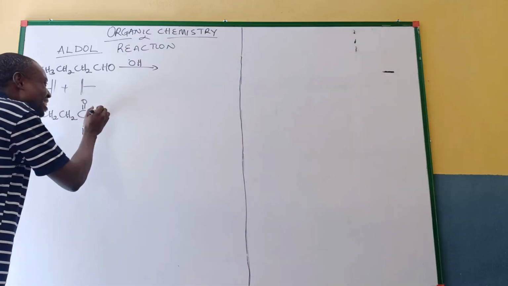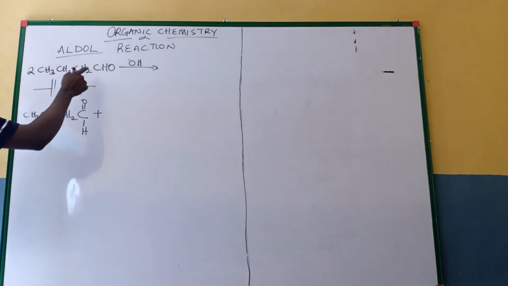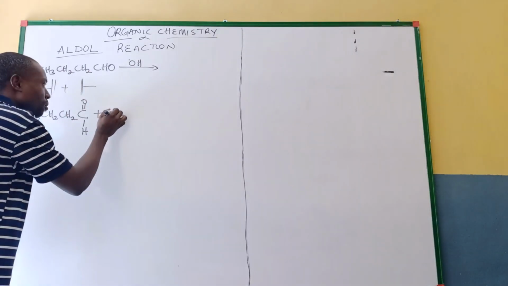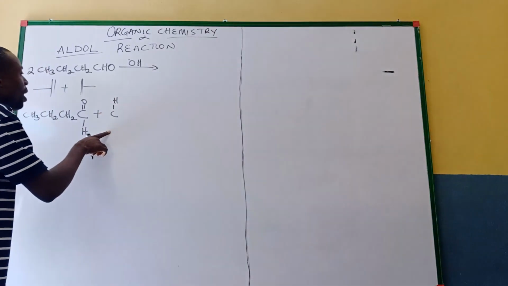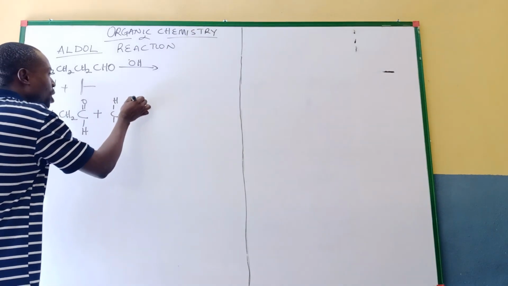While the second pattern is quite different. Take note, it's quite different. So this is the first carbon, this is the alpha, outside the functional group. So you have to explore this alpha, and this is the functional group.